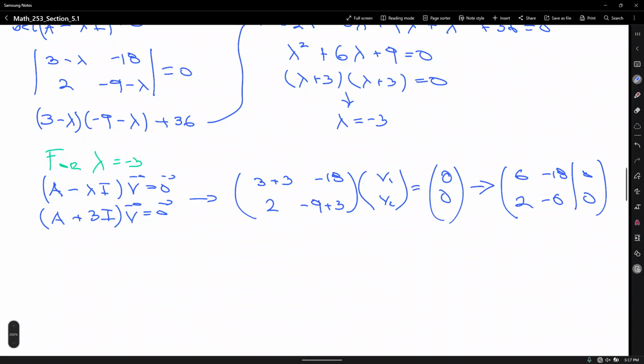Now, here's the thing. Every time we solve this kind of problem, it's almost always the case that one row of the matrix is a multiple of another, so you don't have to spend any time reducing the matrix. If you want to do it, that's fine. If you want to divide the first row by 6 to get 1, -3, go for it.